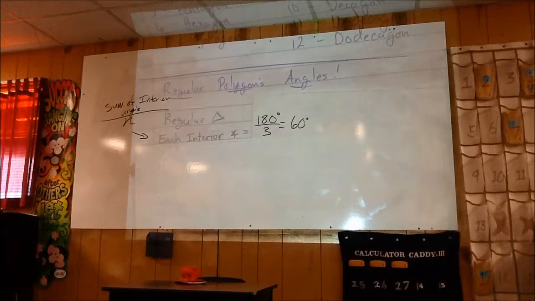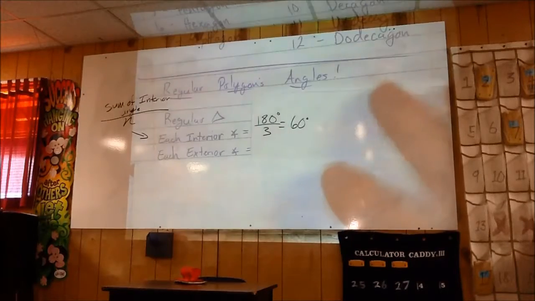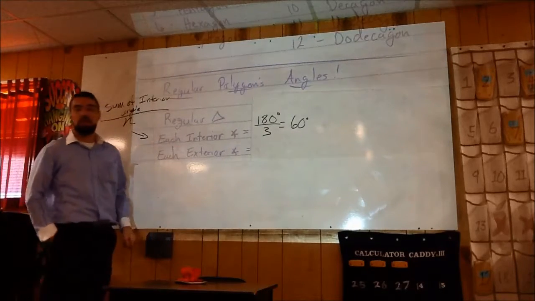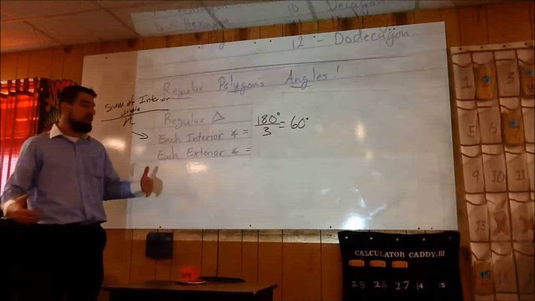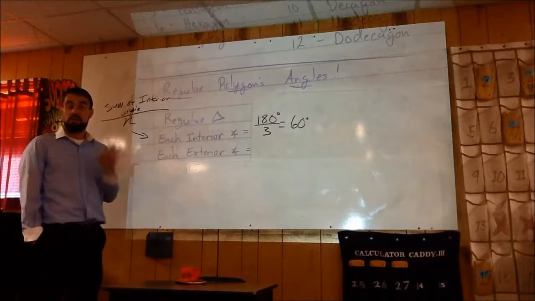But we also need to talk about the exterior angles. We need to know what each exterior angle of a regular triangle is. We're going to do the same thing. We know that there are how many exterior angles of a regular triangle? There's 3 of them.